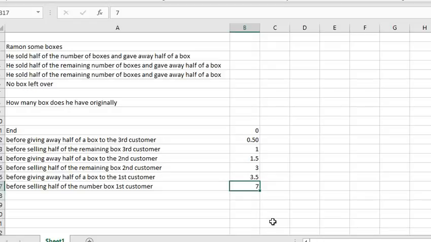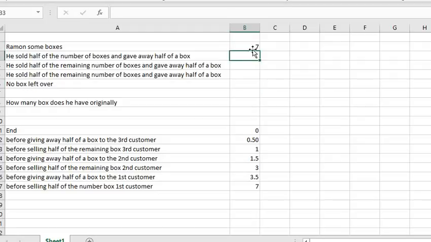Let's try to check if our answer is correct. So Ramon has some number of boxes, 7.